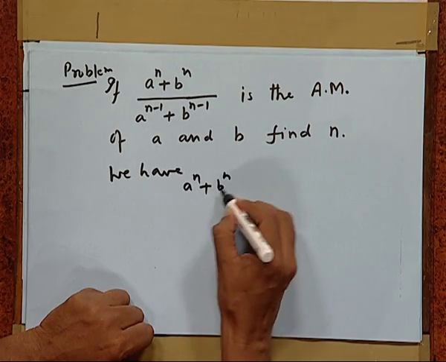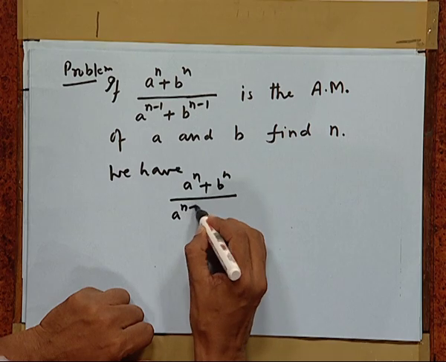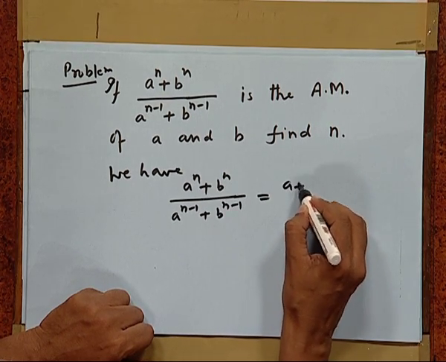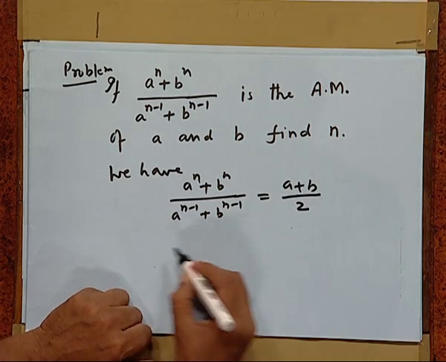So we have (a^n plus b^n) upon (a^(n minus 1) plus b^(n minus 1)) is equal to (a plus b) by 2.